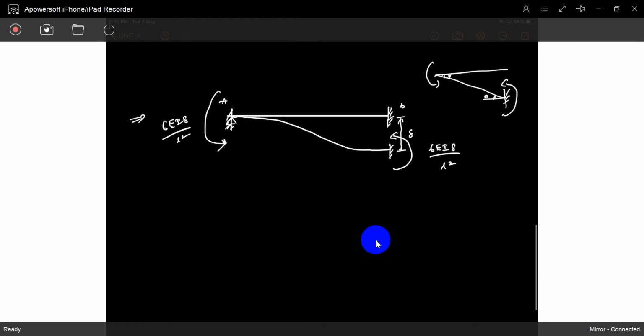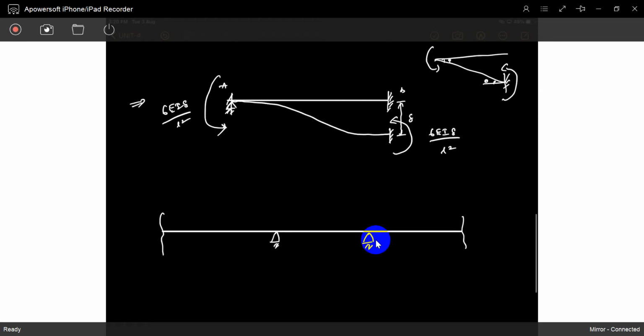It is a continuous beam. These are the intermediate rigid supports. Intermediate means rigid supports. So let's take a continuous beam.